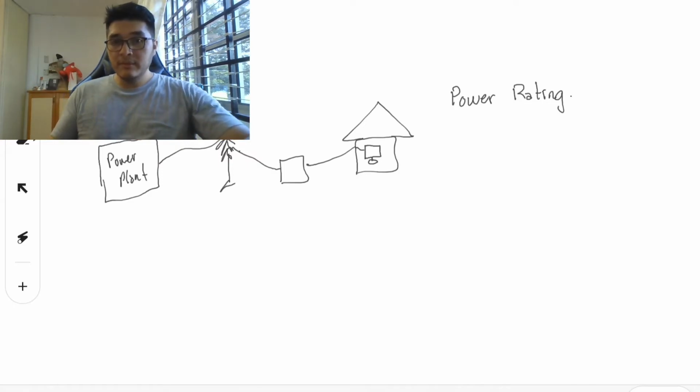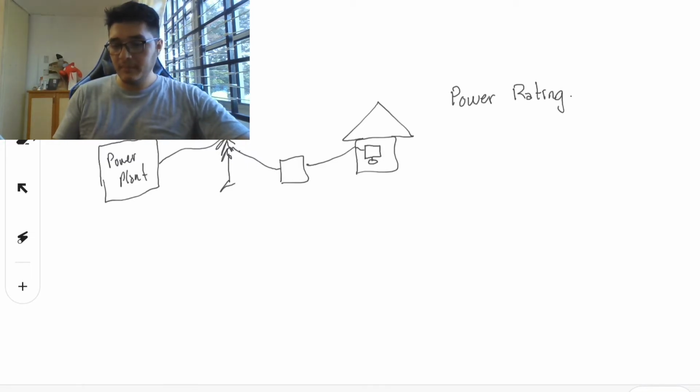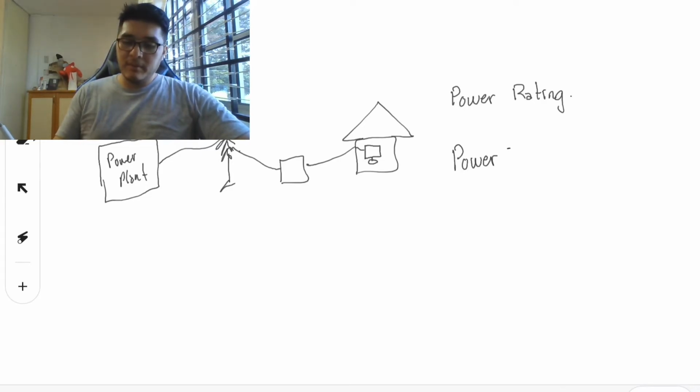Yeah. So power rating is usually given in, well, what are the units for power? Volts. No, think back to the human power lab. Watts. Joules. Yeah, because power, what's the formula for power?